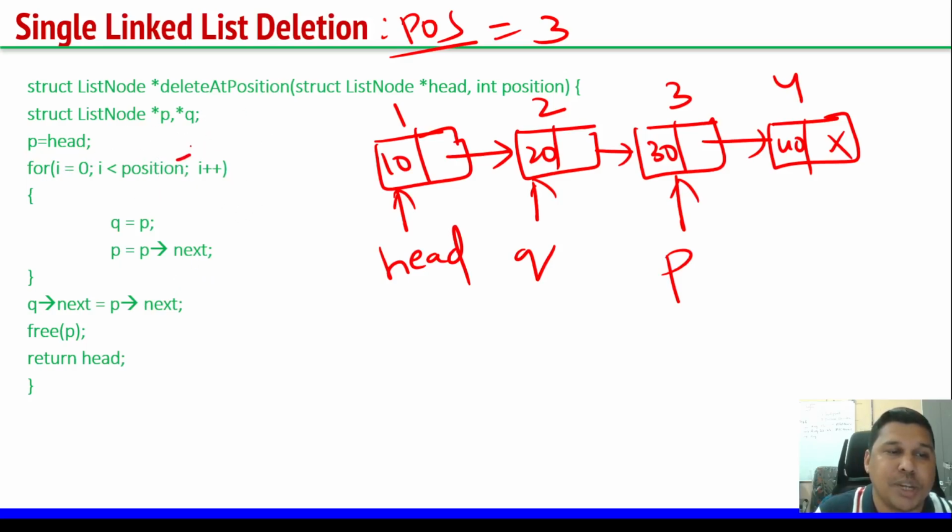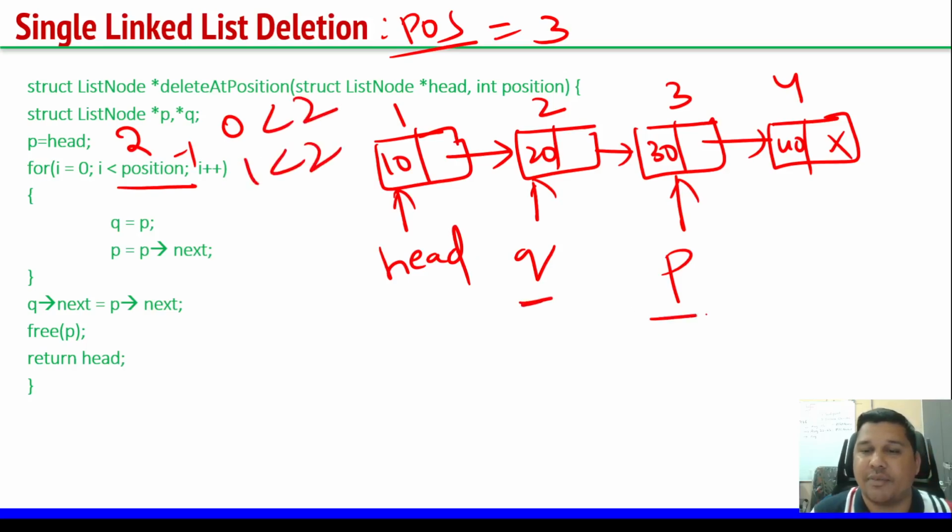When position is 3, it becomes only 2. So, 0 less than 2 and 1 less than 2. So, we reached here, this becomes our logic. Second time when I go and increment, it becomes 2. 2 less than 2 is false.